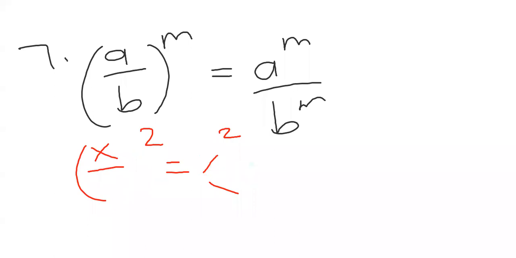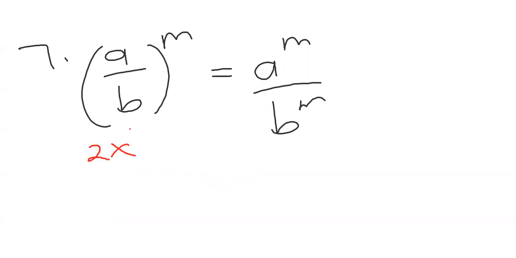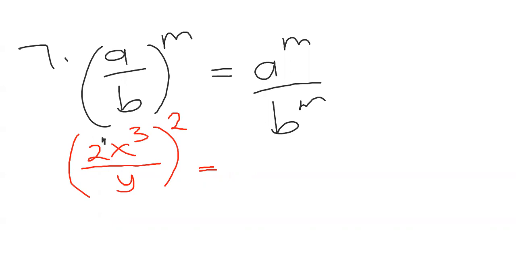Another example, if we have 2x to the power 3 divided by y, then everything raised to the power 2. First things first, there is a 1 here, but the 1 is not written. So you have to remember that there is a 1 there.